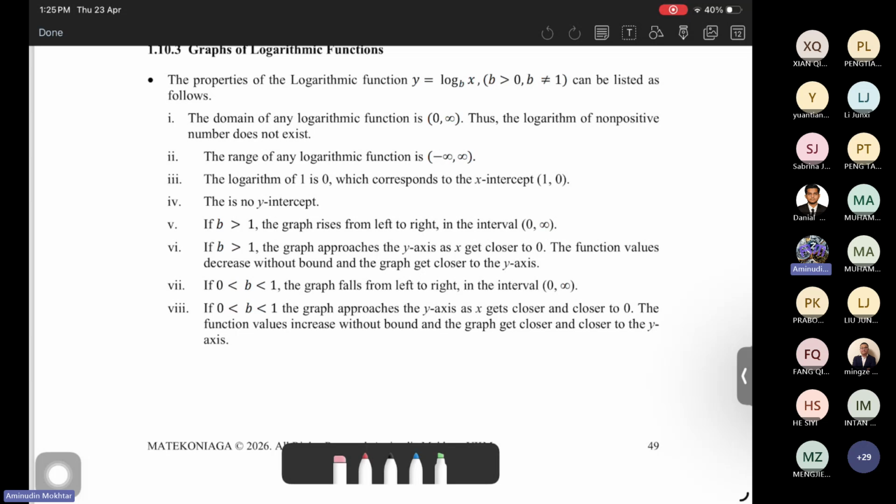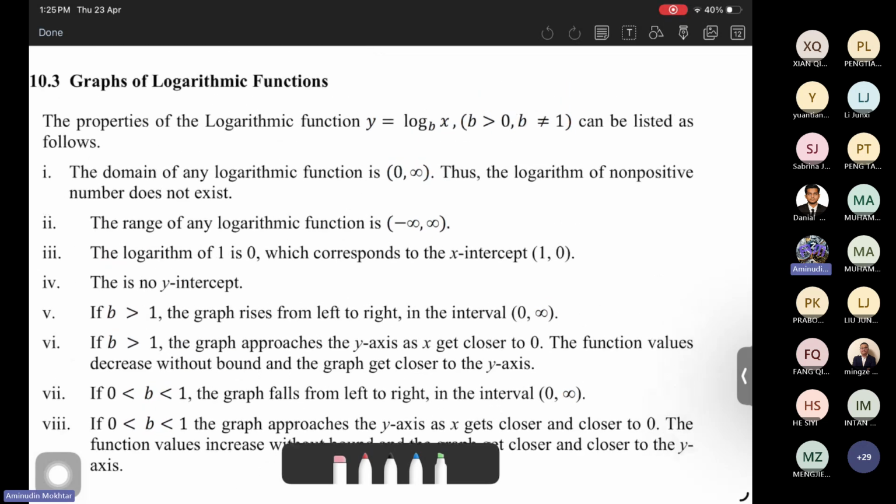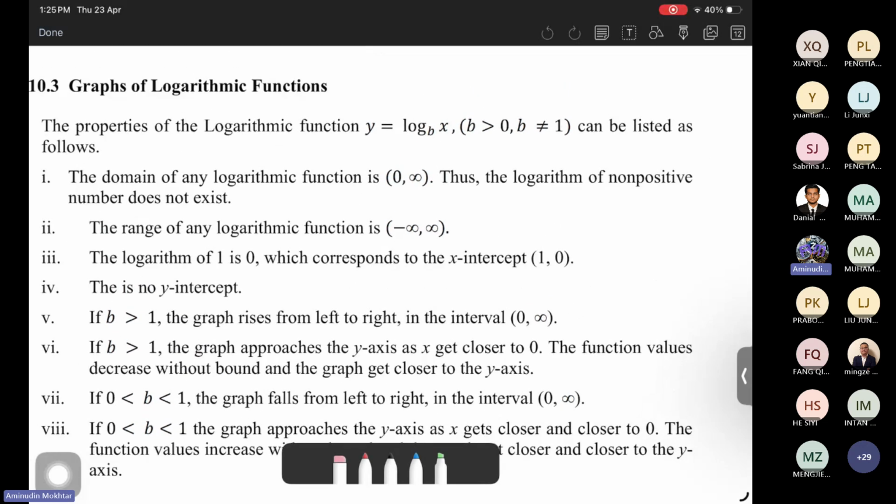As you can see here, based on the properties of log, there are a few characteristics, a few properties of the graph for logs, where the log function is y equals log base b of x. Again, b must be greater than 0, and b must not equal 1. The same goes for the exponential.